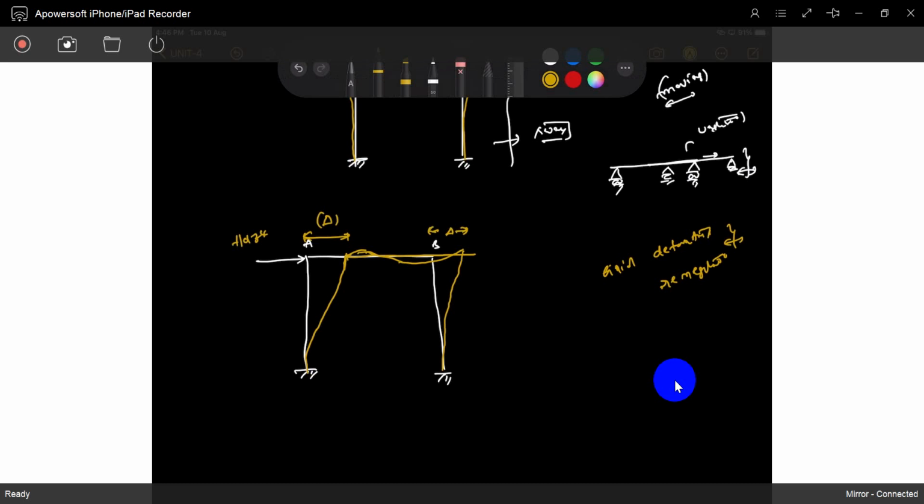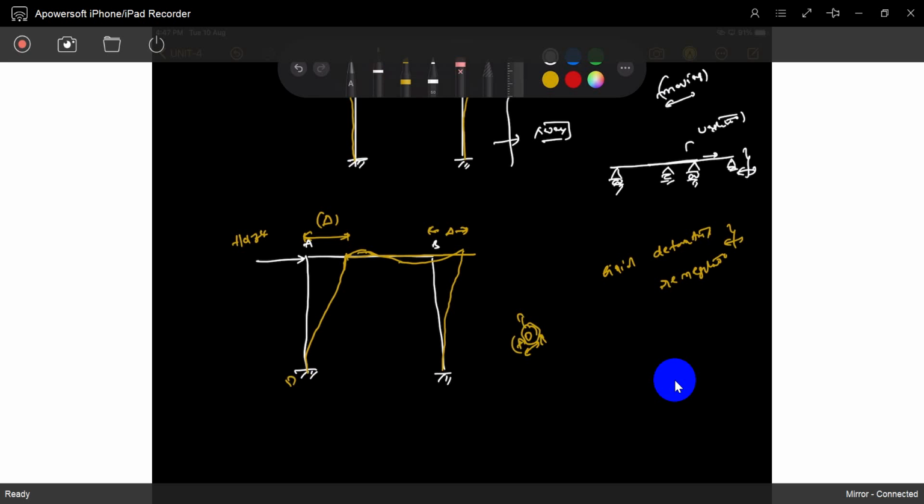If you consider the displacement, what will happen? What is the extra thing you can notice? The AB beam is just moving horizontally, but there is no problem. But in the AD column, D's support is displaced.